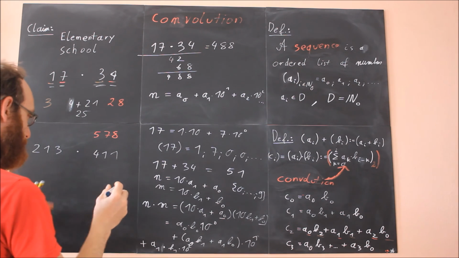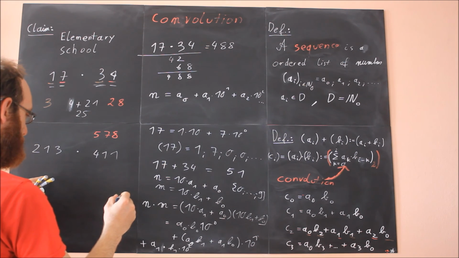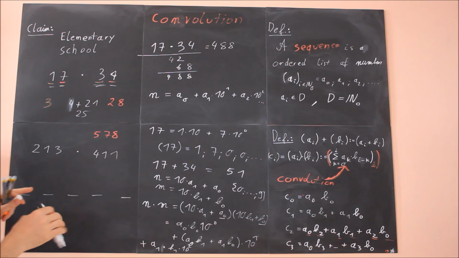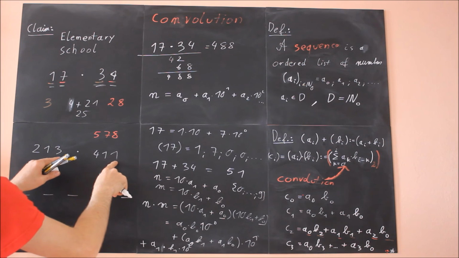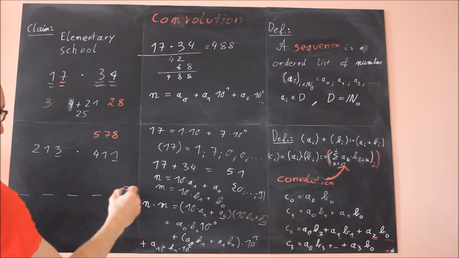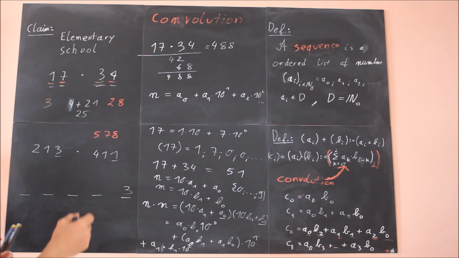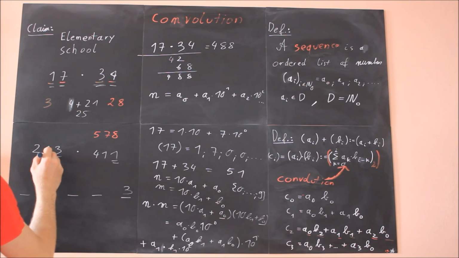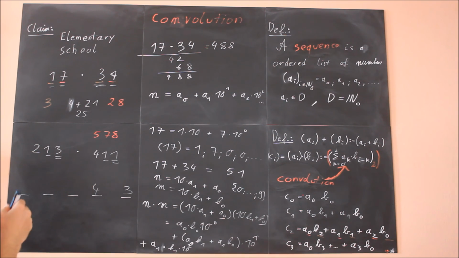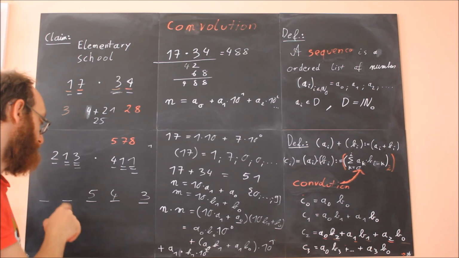Yeah, then on the 0 position, we get the 3, 1 times 3. Then on the 10th position we get 1 times 1 is 1 and 3 times 1 is 3, so 4. So how do we get the thousandth position?